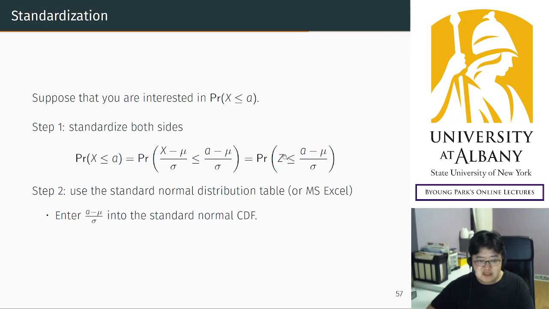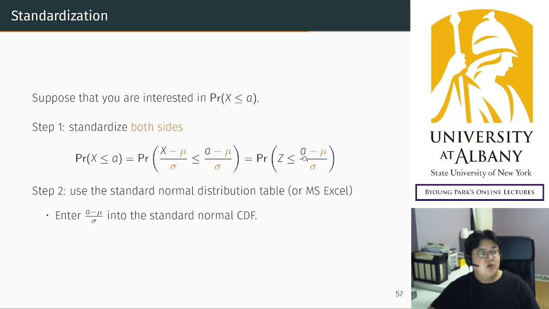Remember, this is standard normal distribution, so you do not need to consider any non-standard normal distribution. Any non-standard normal distribution can fit into a standard normal distribution. So that's how we are going to use the standard normal distribution information.